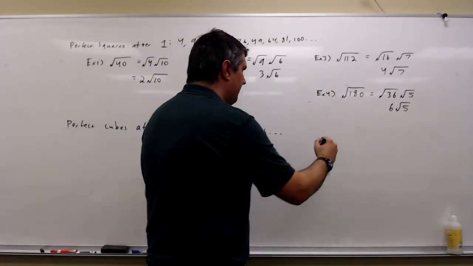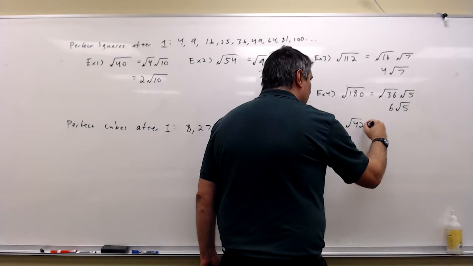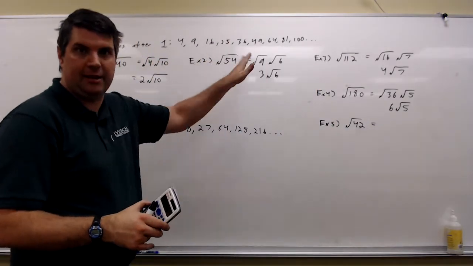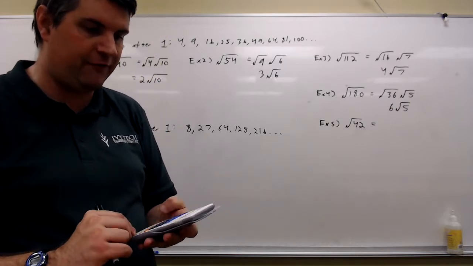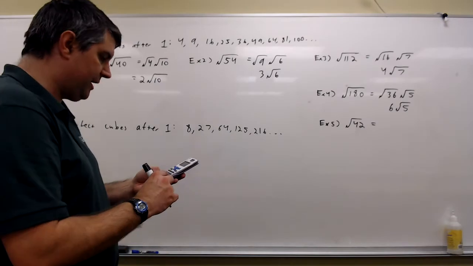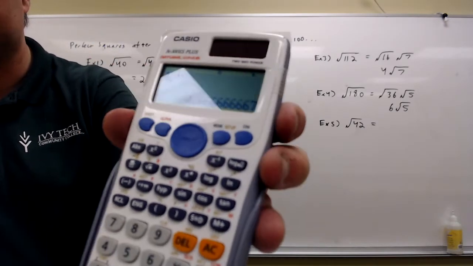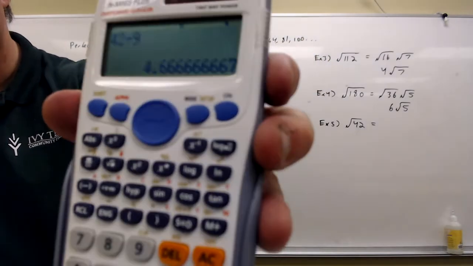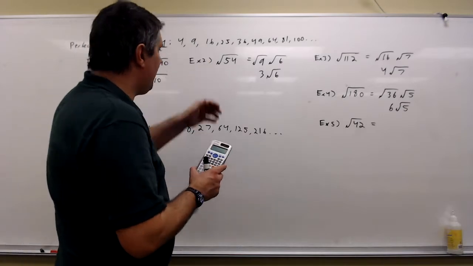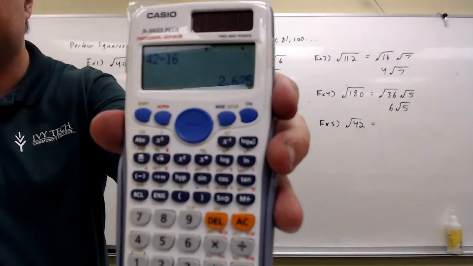A final example is example 5. The square root of 42. 42 isn't divisible by any of these. 42 divided by 4 is 10.5. 42 divided by 9 is 4 2/3. 42 divided by 16 is 2.625.